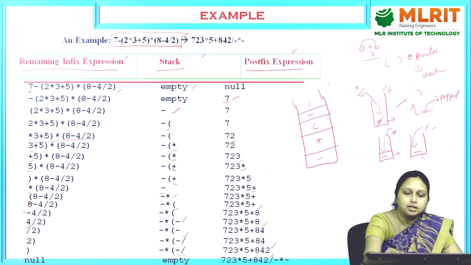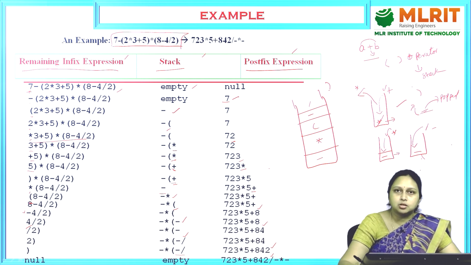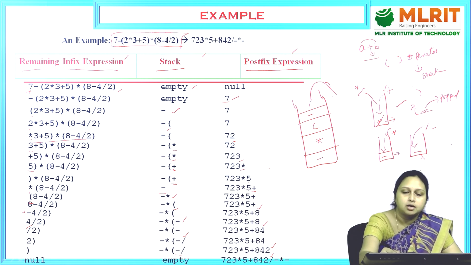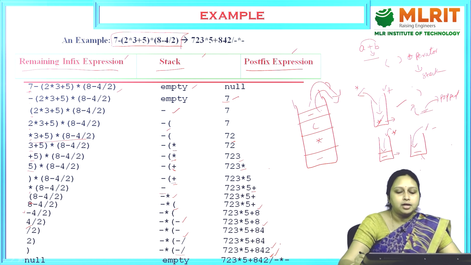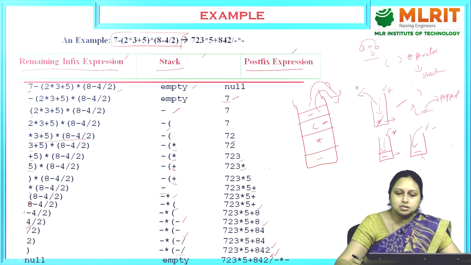And now we are getting the closing parenthesis. In this case, you need to pop the top operator first. That means we are going to place division first, then minus has to be popped out, right? Then you have the open parenthesis. If there is an open parenthesis matching the closing parenthesis, we are just going to remove it, and not display anything.